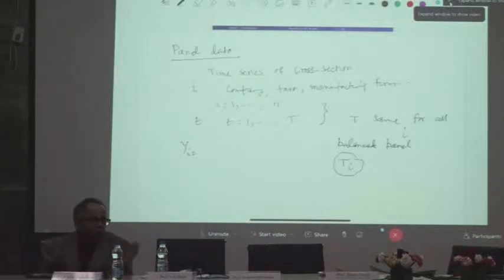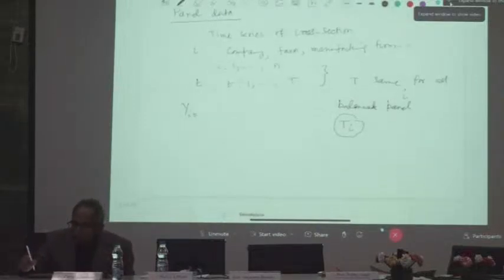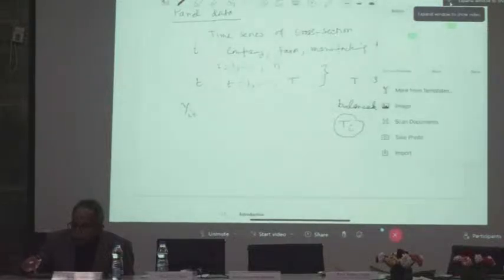That means we observe every individual for all the time periods. This is a simplification, and mostly we do it just for notational convenience. Now, before getting to the stochastic frontier model using panel data, let me get to some other details.